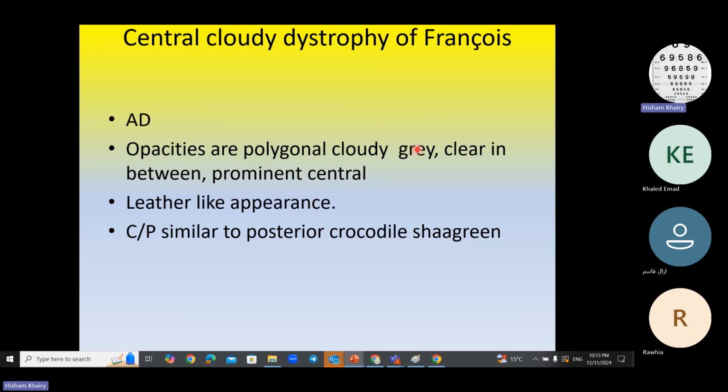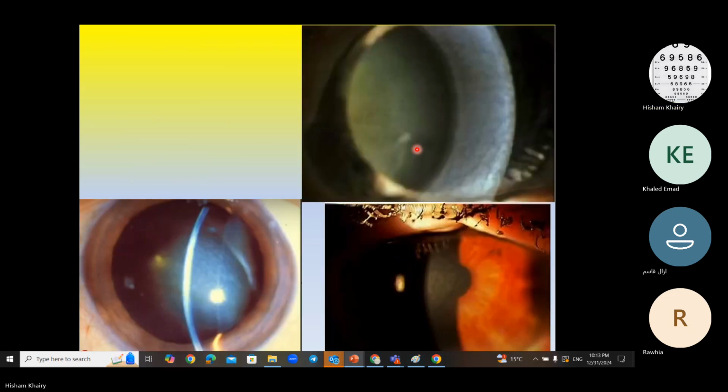So you can see family members and check. Here's the slit beam showing something like crocodile shagreen, polygonal with clear in between. Here's the same pattern.